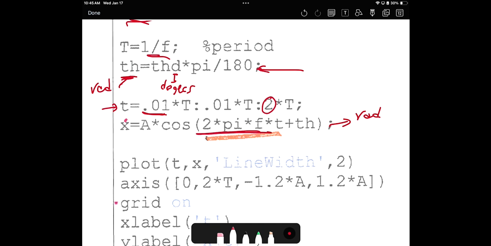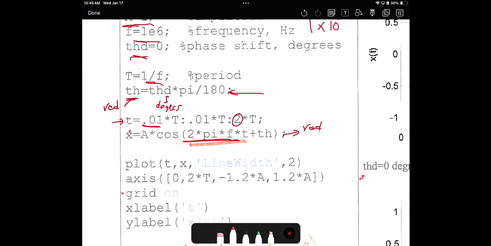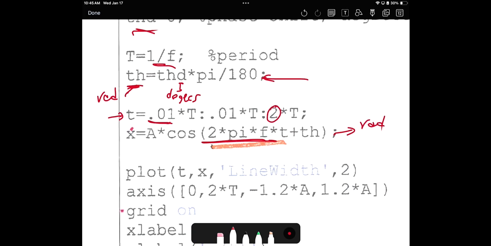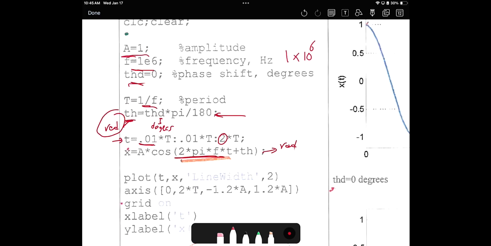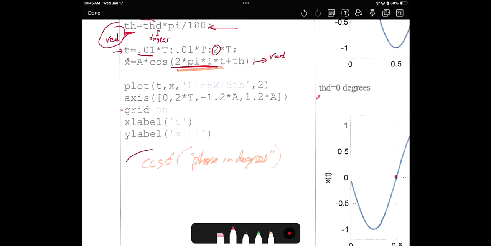Then here we are using the angular frequency, 2 pi f t. Again, if you are using radians, don't forget to convert theta to radians, and we will do everything in radians. However, if we need to use degrees, there is an internal command in MATLAB called cosd.